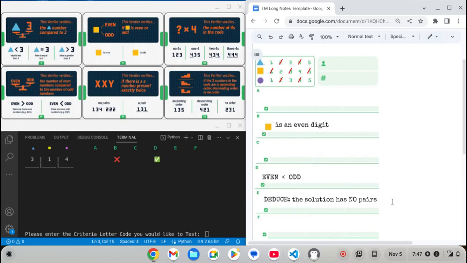Again, this is the first time to my recollection that I've made this sort of deduction. So let's see what happens. So again, I'm going to deduce that there are no pairs, meaning that triangle and circle are distinct odd digits. Okay, well, that's one last thing to have to consider.